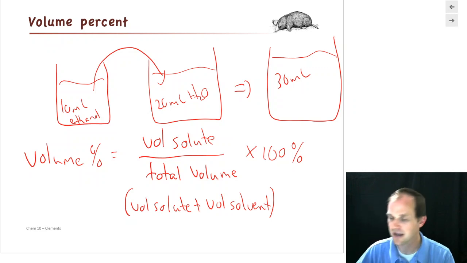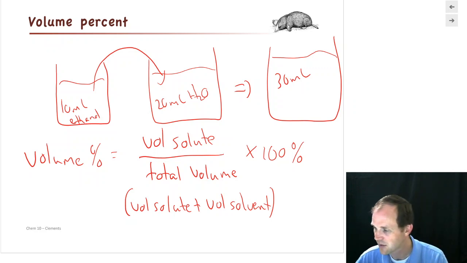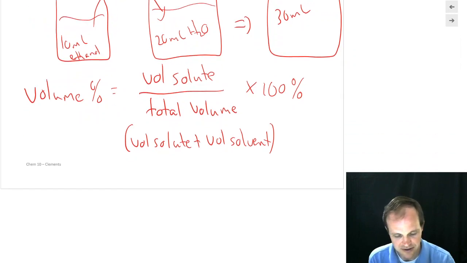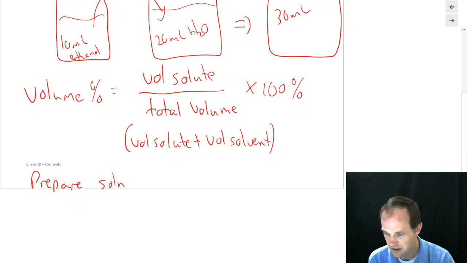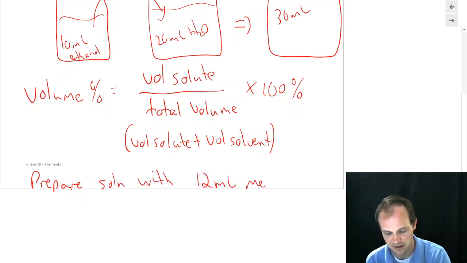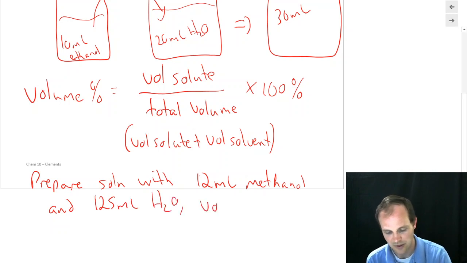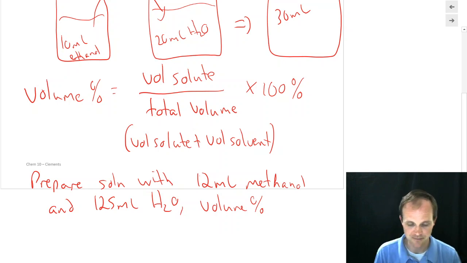Okay, so how could we do something useful with that? What kind of question would we have when we were talking about that? Let's say we prepared a solution with 12 milliliters of methanol and 125 milliliters of water, and we want to know what is the volume percent in this solution.